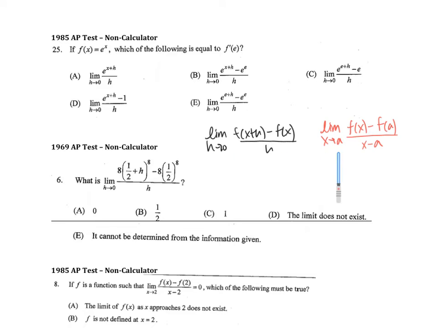Okay, I figured I'd keep the derivative rules close by, a formal definition of the derivative here. In 25, it's saying if the function is e to the x, what is the derivative of the function at e? But notice that they aren't just straight up asking for the derivative. They want you to put it in the form of the formal definition of the derivative. Because my h is approaching 0, we're looking to use this formula. They want my x to be e.